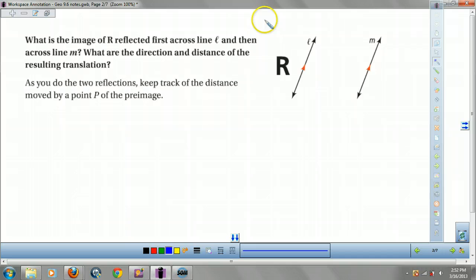I'm going to take this point right here. What I need to do is make a line that's perpendicular to that one. I'd say that's about perpendicular.